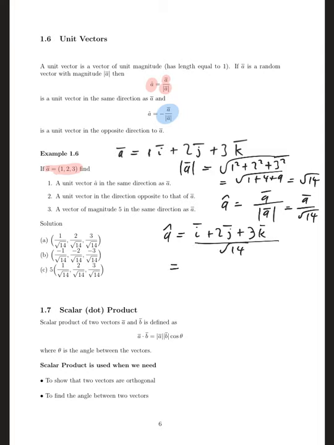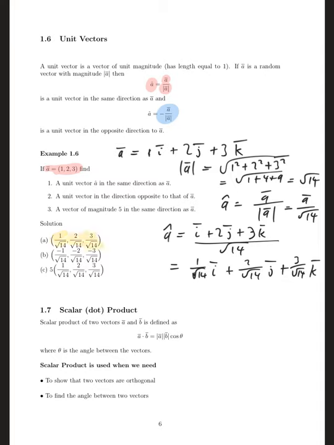Or component by component, that is 1 over the root of 14 times i plus 2 over the square root of 14 times j plus 3 over the square root of 14 times k. And that'll do. You could write these numbers out as decimals if you want. That'll do for now. And that's good, because that's the answer that we're given here.